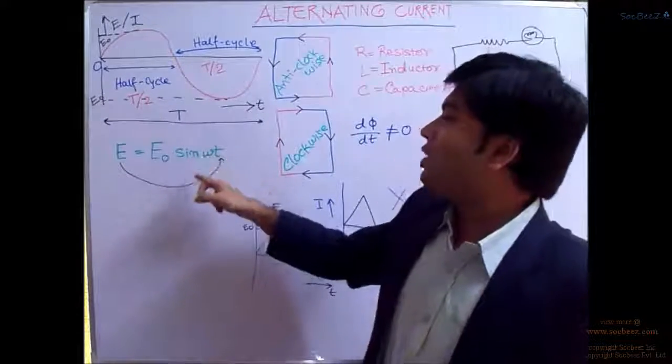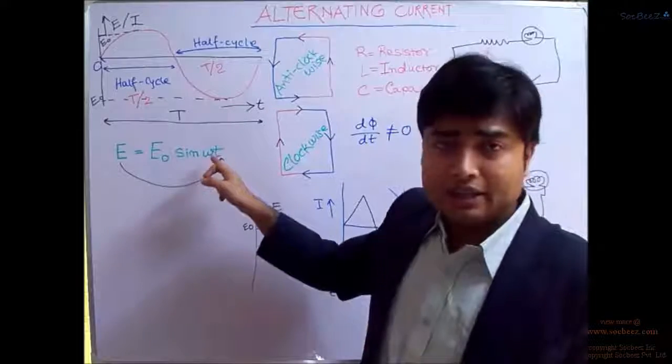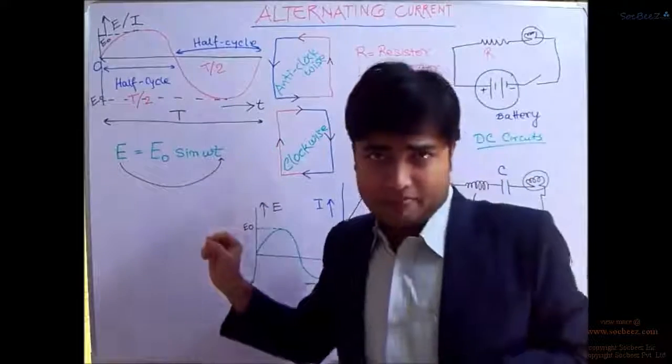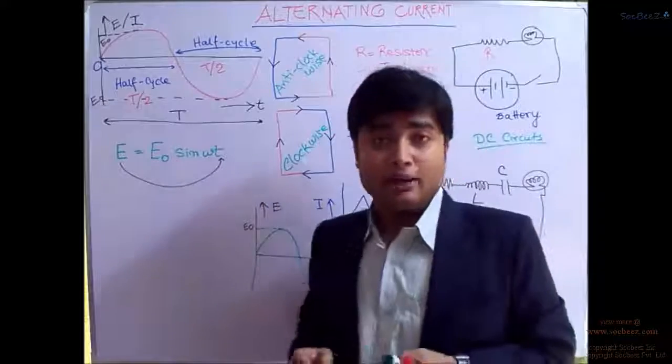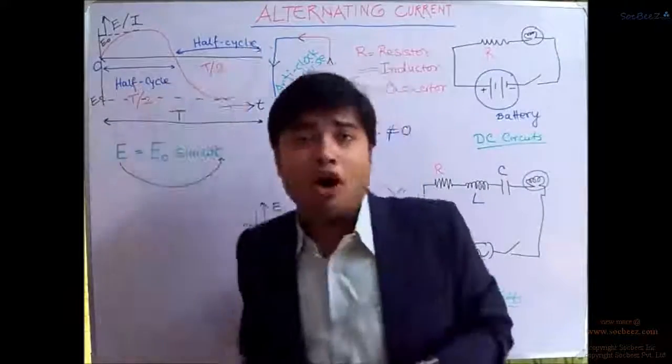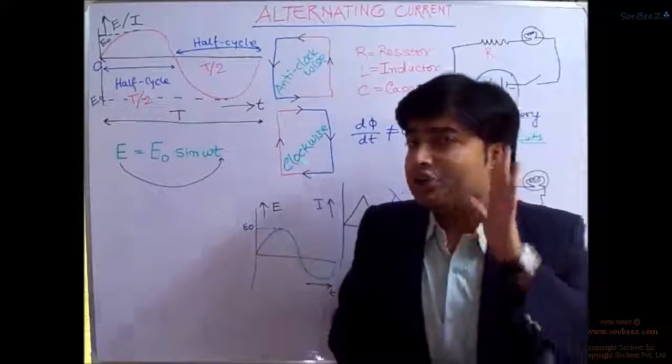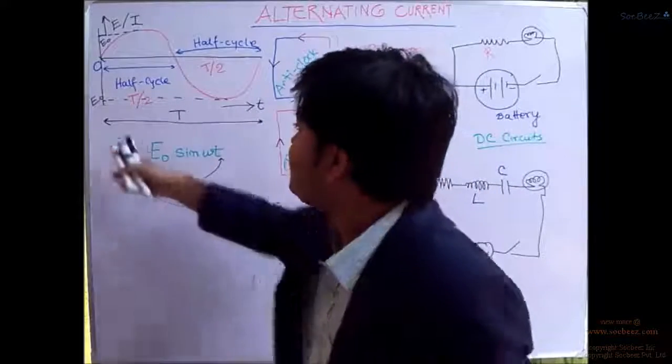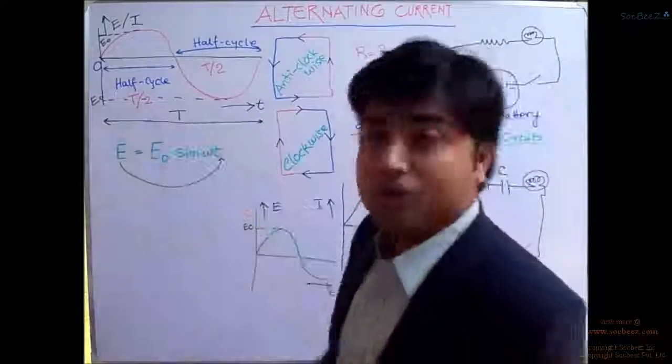It is multiplied by sine of omega t, where t is equal to time. But what is omega? To understand omega, first of all, we have to understand that this is a waveform and it has a time period, as we have said, T is the time period over here.